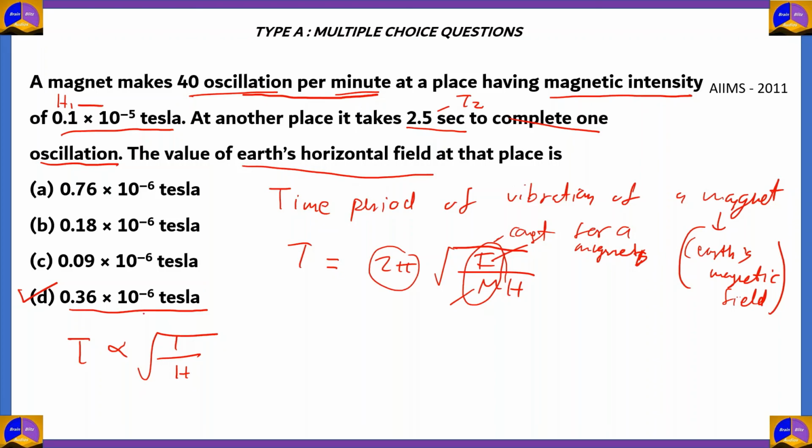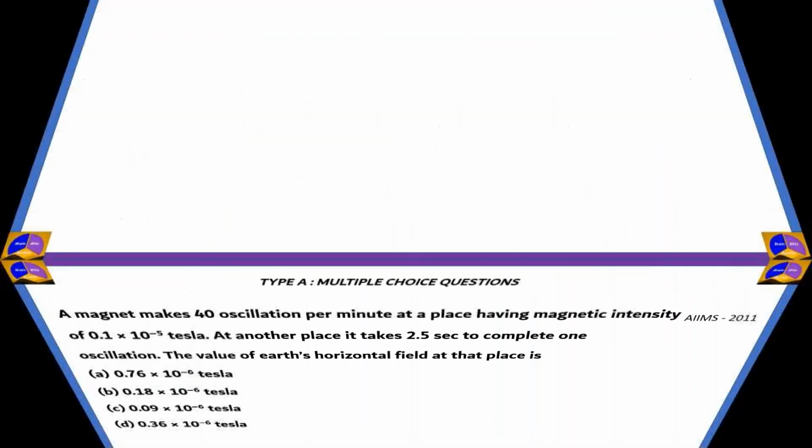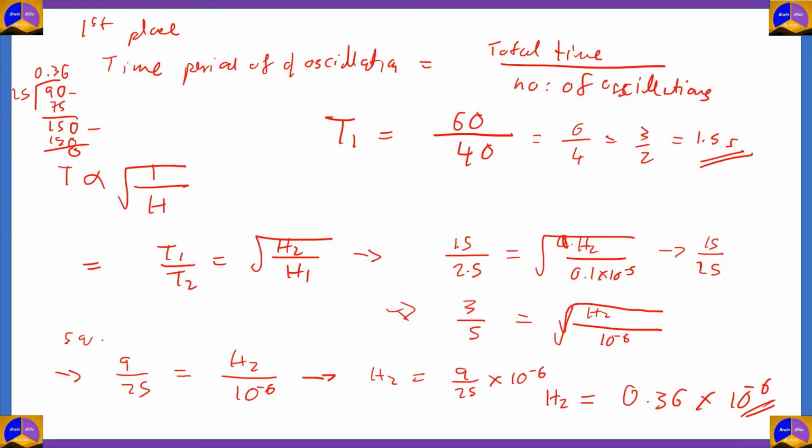And again, we found out the relation T is inversely proportional to the root of H. And using that, we use the relation T1 by T2 is root of H2 by H1. We found out T1 using the question figures given. And then simple calculations gave us the answer 0.36 into 10 raised to minus 6 Tesla. And that is option D, which is the right option.